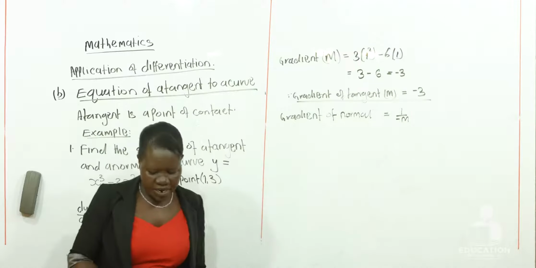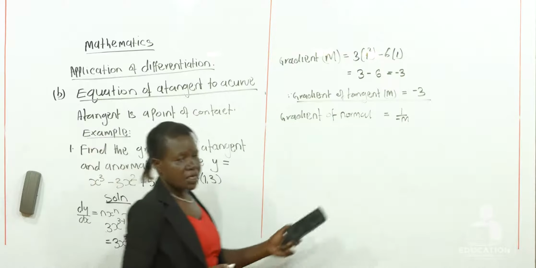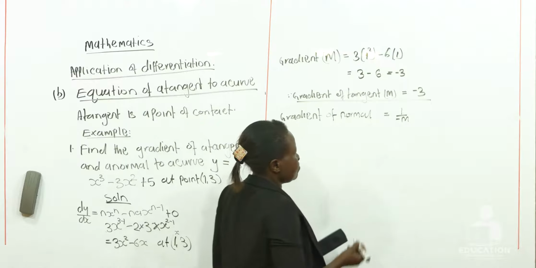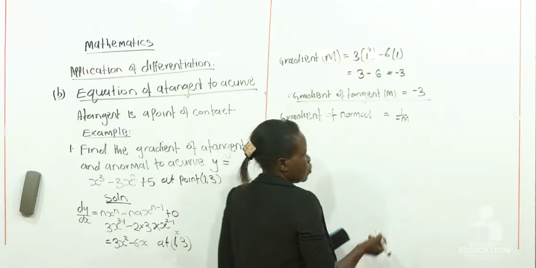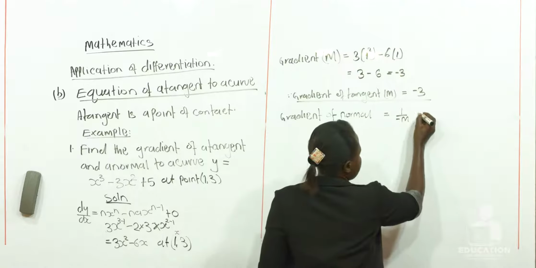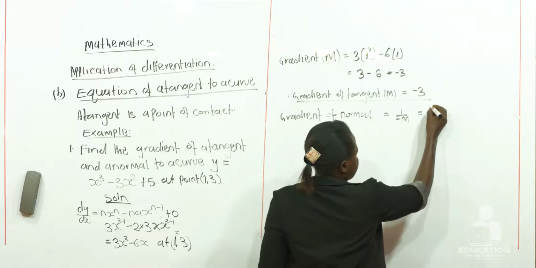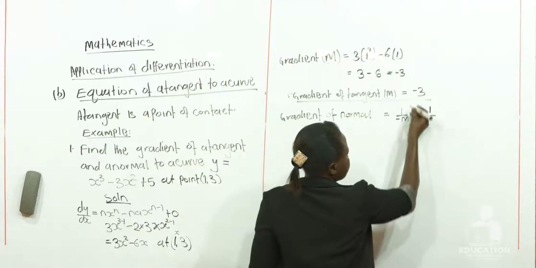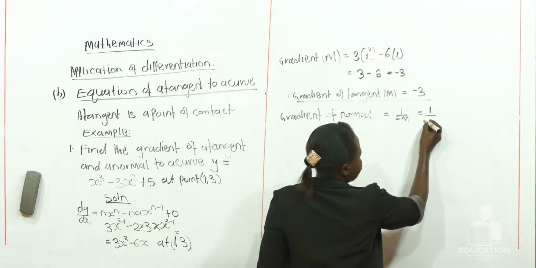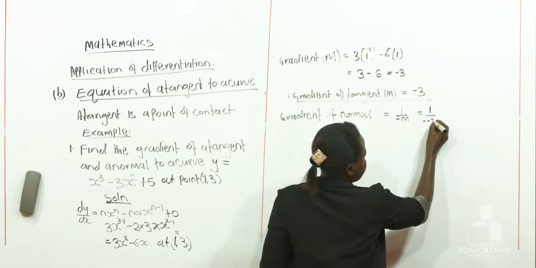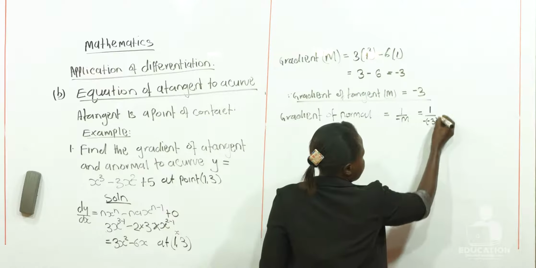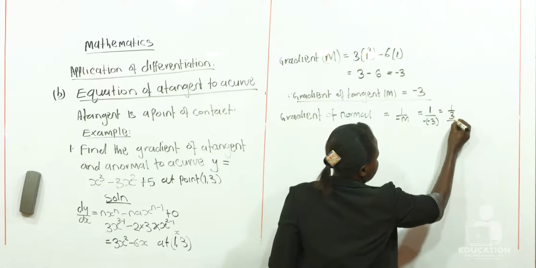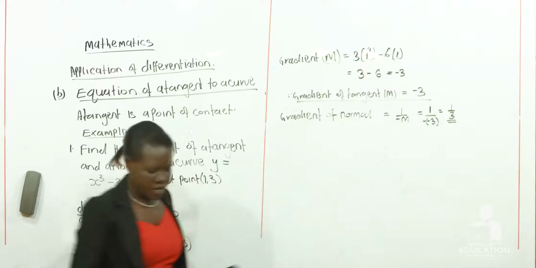This is the formula for finding the gradient of a normal. And we have known the value of m, so we simply substitute. We say 1 over negative m, which is negative 3. So we shall have negative and negative 3, which will give us 1 over 3. So that is the gradient of a normal.